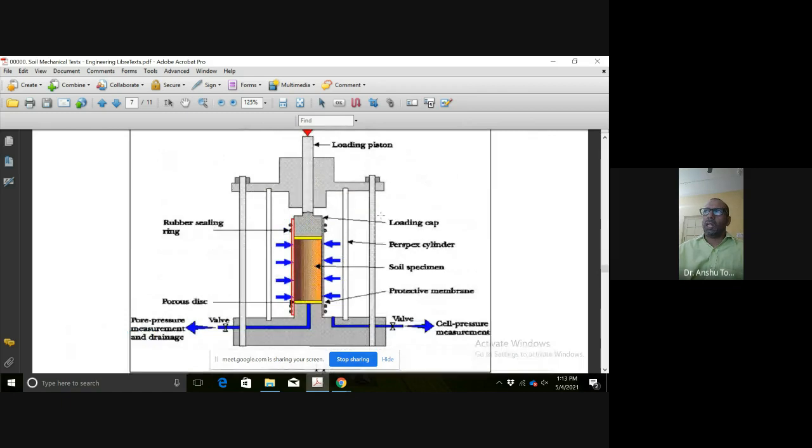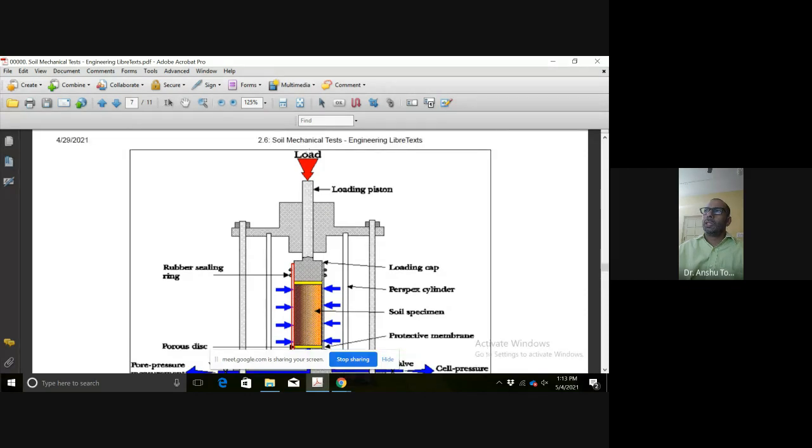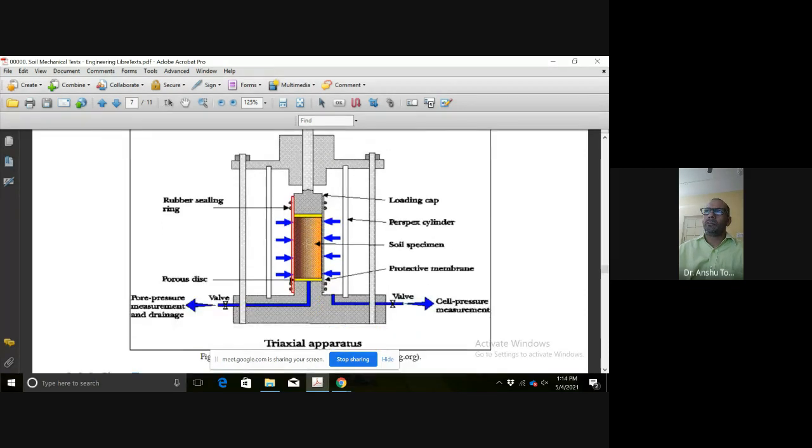So this is a typical setup. This is the soil sample which is being prepared from the soil. This is the loading piston from above, rubber sealing ring.